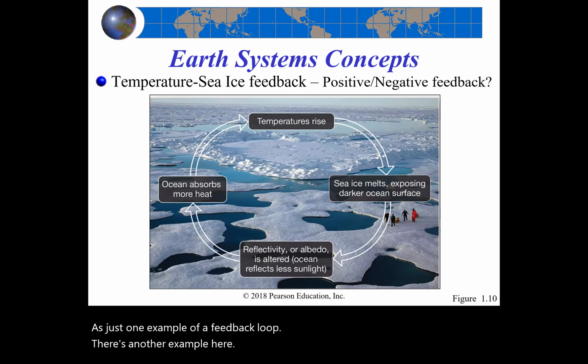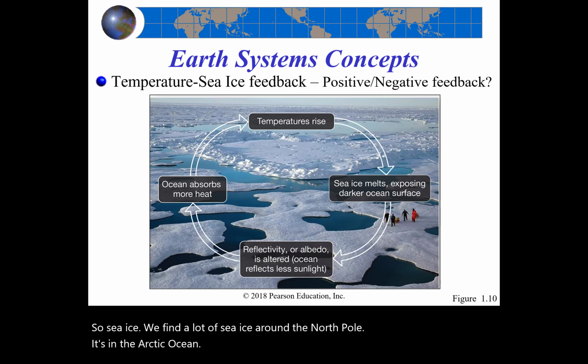There's another example here where we are looking at temperatures, speaking more on global temperatures and sea ice. So sea ice, we find a lot of sea ice around the North Pole. It's in the Arctic Ocean.